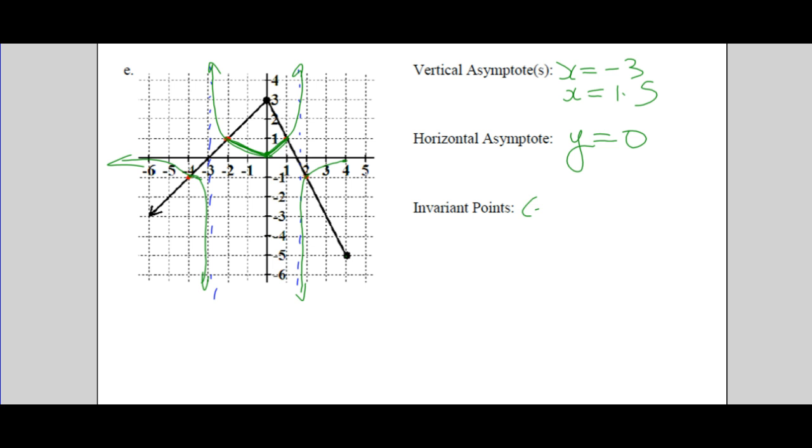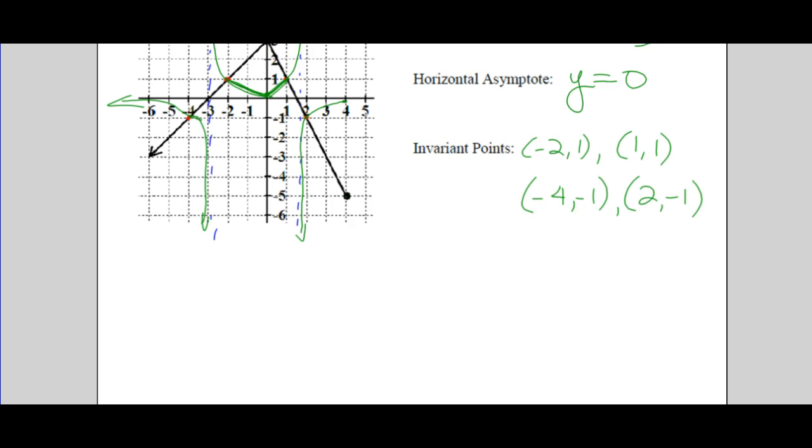Negative 2, 1. 1, 1. Negative 4, negative 1. And 2, negative 1. When you're doing invariant points, what are you going to see in the second position? 1 or negative 1, right? That's your invariant point.